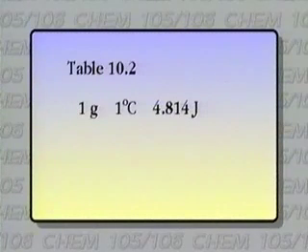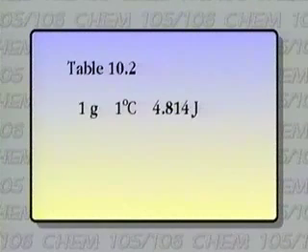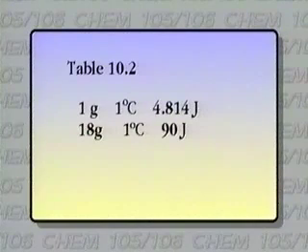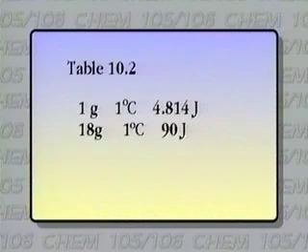Okay? That's joules, not kilojoules. So for 18 grams of water to change 1 degree, in other words, if I put some hot water on my skin and it changed from 100 to 99, then I would have 18 times this, or we'll just call it about 90 joules of energy.